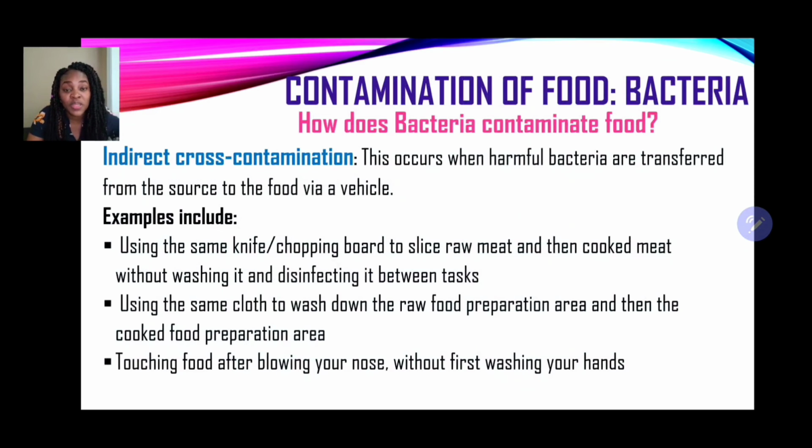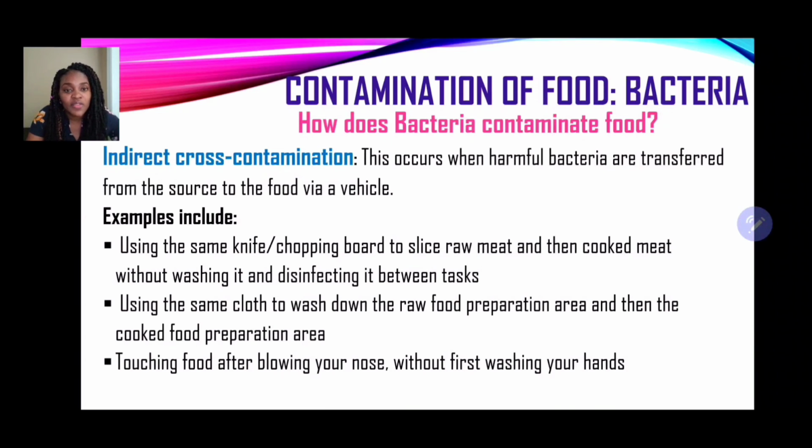Now, let us look at how bacteria contaminate food. So we speak of indirect cross-contamination. This occurs when harmful bacteria are transferred from one source to the food via a vehicle, right? And when we speak of a vehicle, we're not just talking about a car, but it can be a different method, such as using the same knife to chop or slice raw meat and then using it on cooked meat without washing it and even disinfecting in between tasks, right?